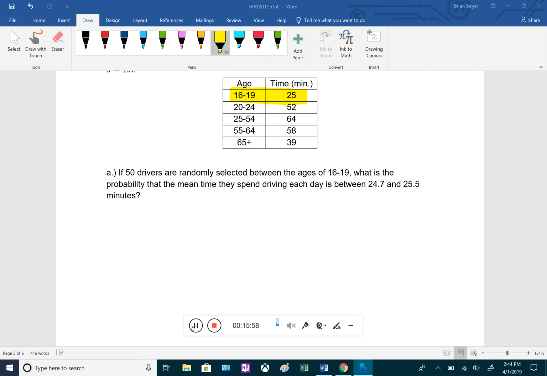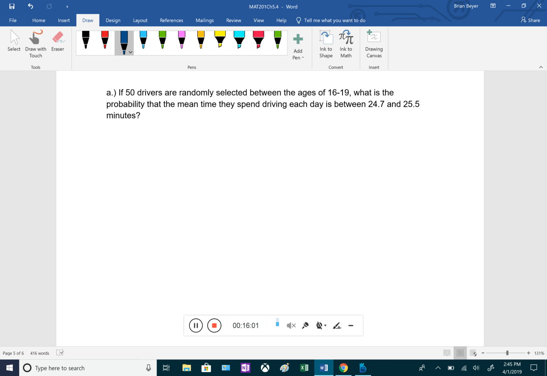Okay, so what the question is asking is it wants the probability that the mean time they spend driving is between 24.7 and 25.5. So remember, we're dealing with sample means, so it's x bar instead of x. So this is the problem that we're trying to solve here.